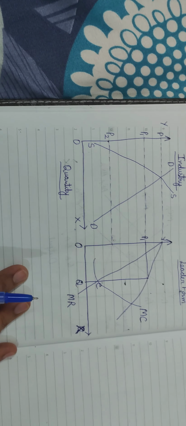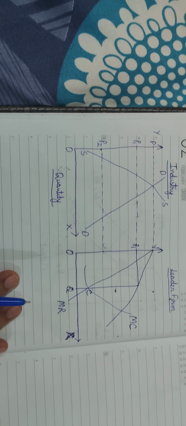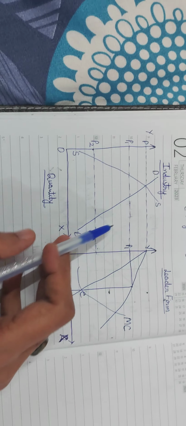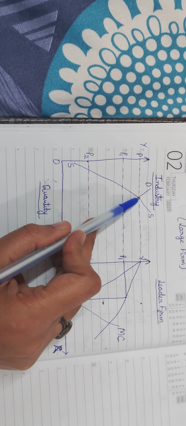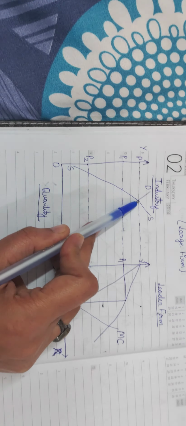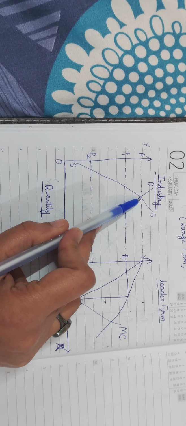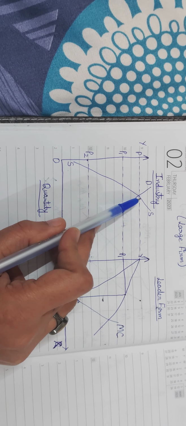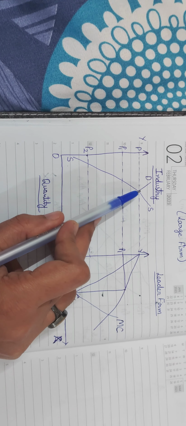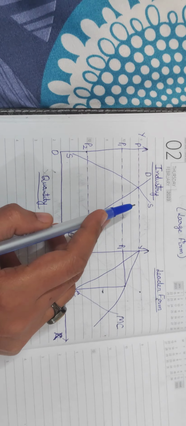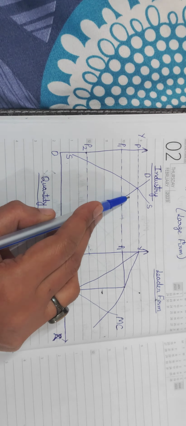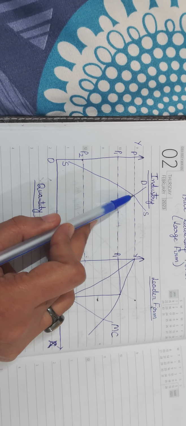Now see, this is the point where demand and supply are both equal. Now the leader firm will not set these prices because here the demand is equal to supply.